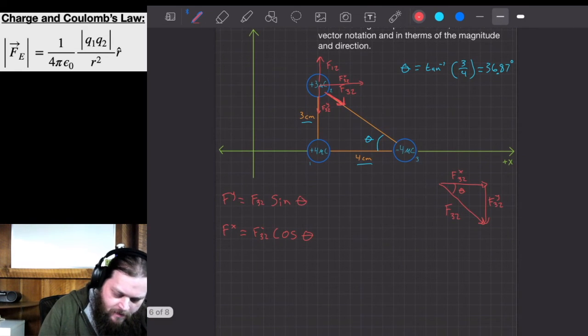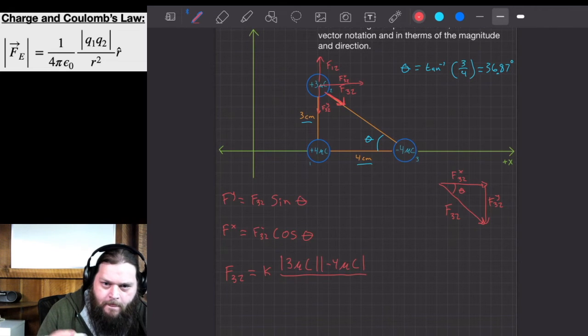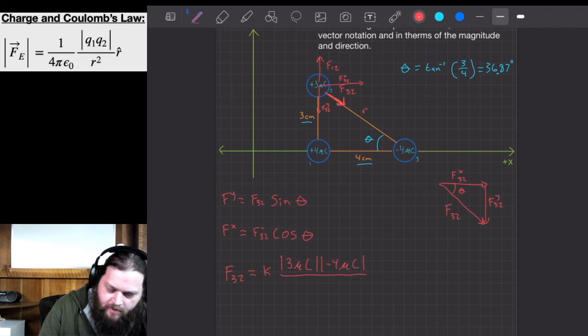So let's do that. We have the magnitude 3, 2 is equal to K, and it's going to be absolute value of 3 microcoulombs times -4 microcoulombs divided by r squared. That's the distance. The distance there is going to be the one thing I have to find, r. I never did find that. So to do that, we use the Pythagorean theorem. Remember that r squared is equal to 3 centimeters squared in this case, plus 4 centimeters squared.